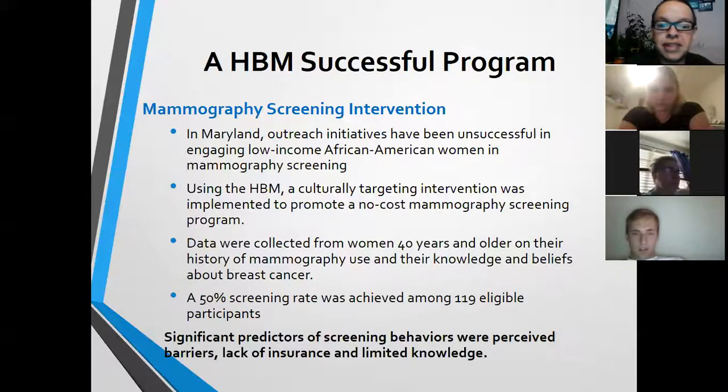A 50% screening rate was achieved among 119 eligible participants. Significant predictors of screening behaviors were perceived barriers, lack of insurance, and limited knowledge. Again, lack of insurance, and again, limited knowledge. Okay.